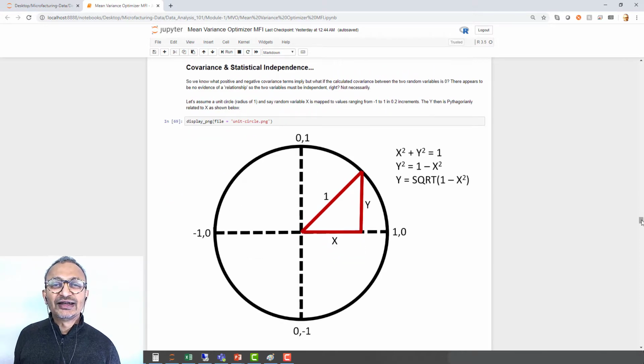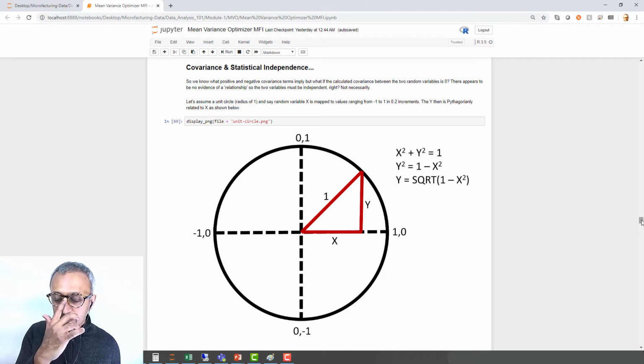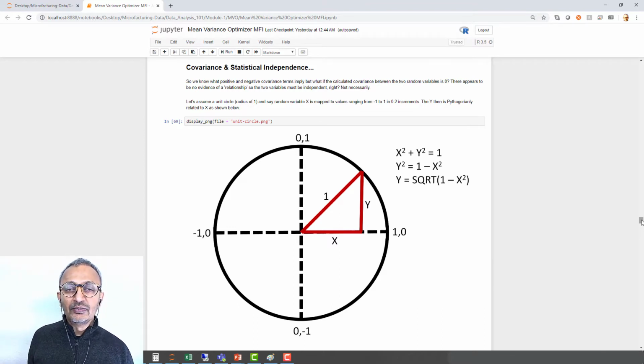So, covariance and statistical independence. An independent variable is when we say that there is no inherent relationship between these two variables. Is that really true?